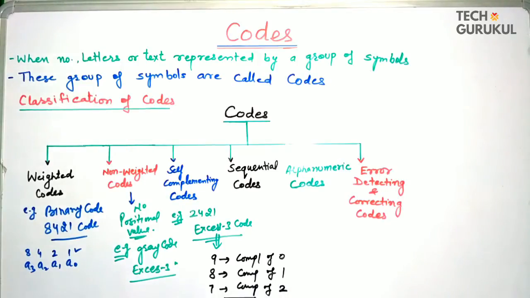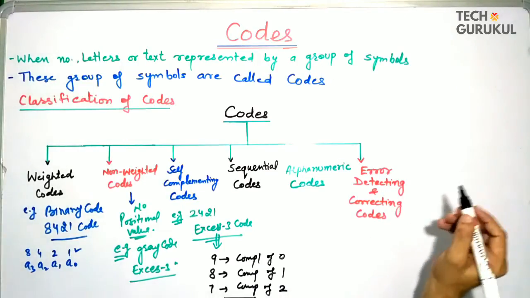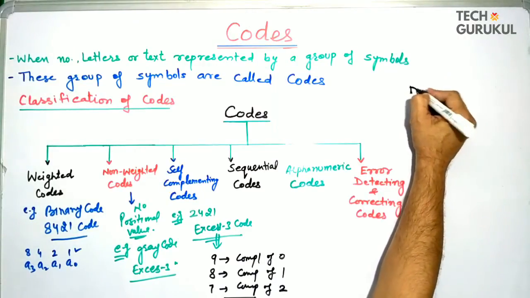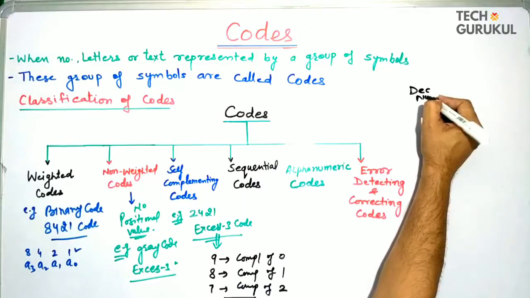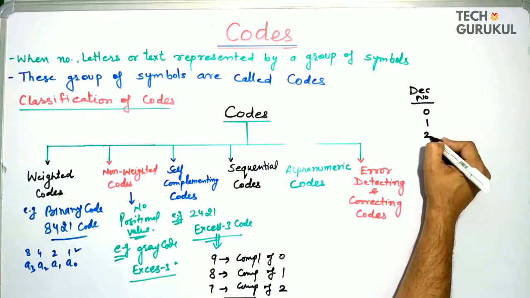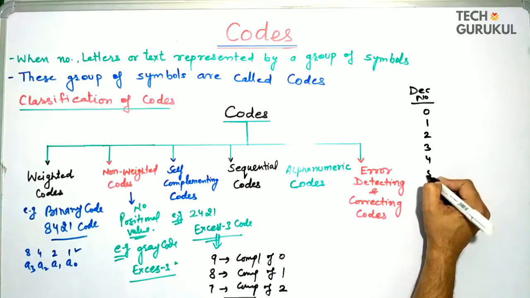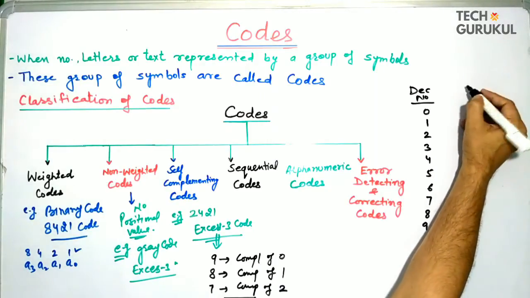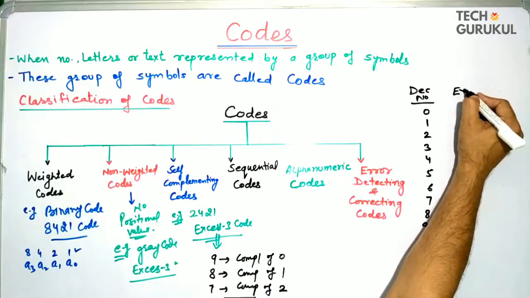Let us see. This is the table. For example, this is decimal number 0, 1, 2, 3, 4, 5, 6, 7, 8, 9. We'll take the example of XS3 code.